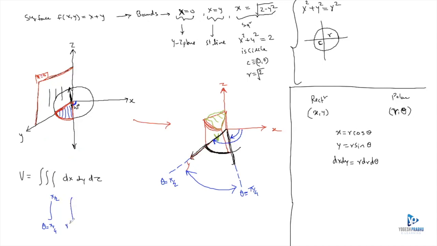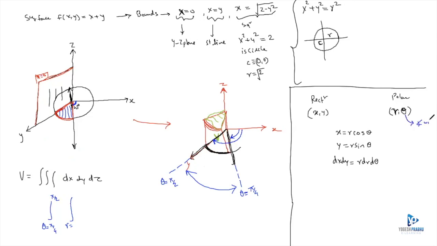Now we're going to talk about r. Is it understood so far, or do you want a quick recap? So now for r, first of all, you understand what is r and what is theta. What is theta?